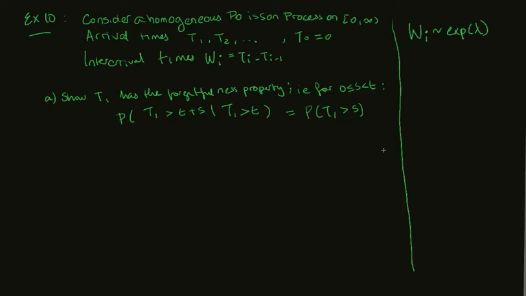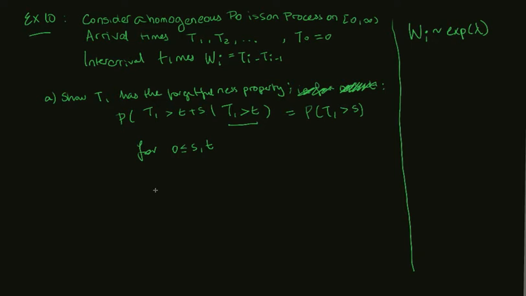Now in part A, we're asked to show that the arrival time t1 has the forgetfulness property. And what does that mean? Well, we're asked to show that given that we know the first arrival occurs after time t, we need to show it for different t and s.